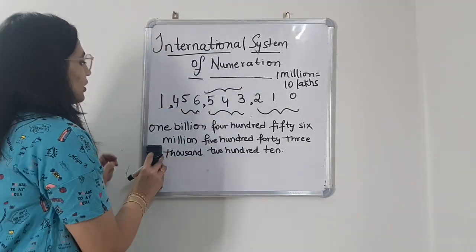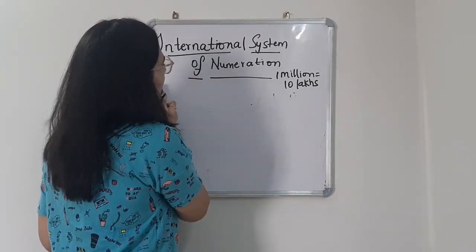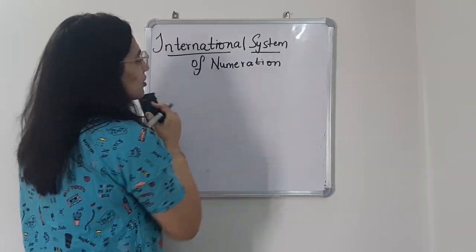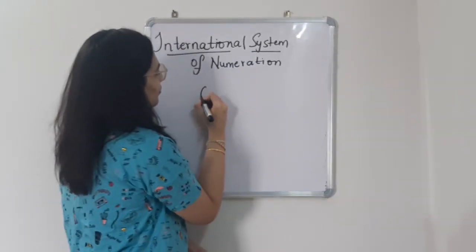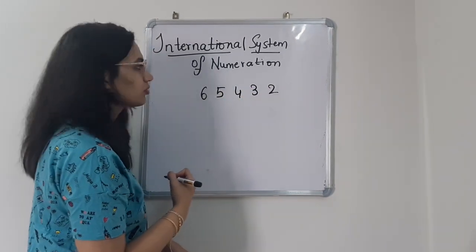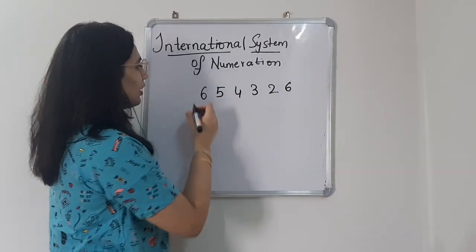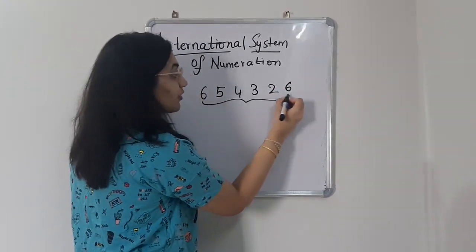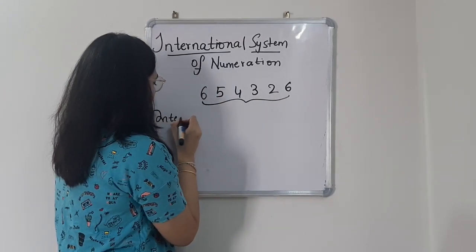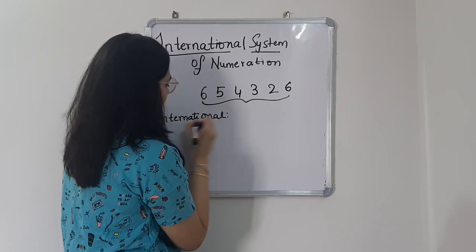Now, let's take another example and then we will see the place value chart of the international system of numeration. We'll take a small example now. Okay? I'll take this. Now, let's write this. We need to write it in both Indian and international. So first let's try international.